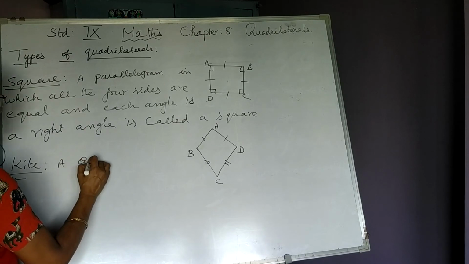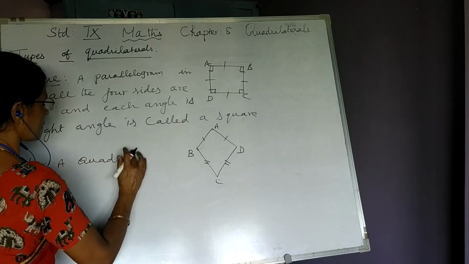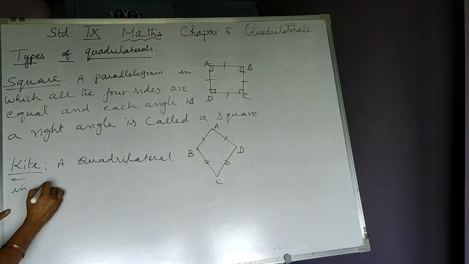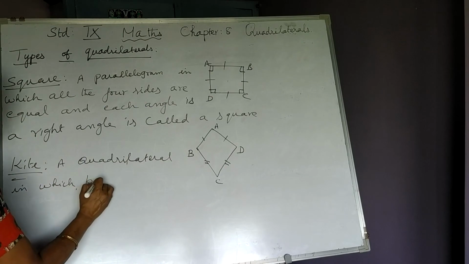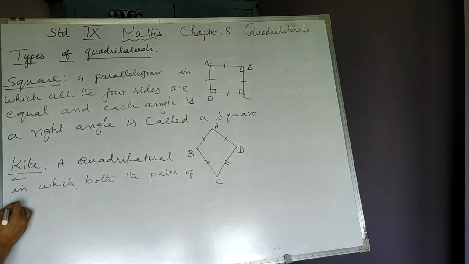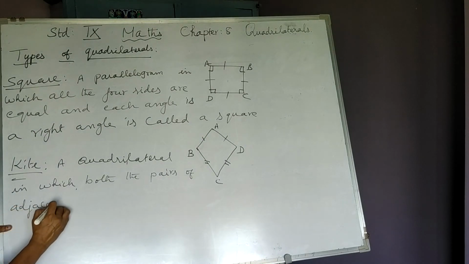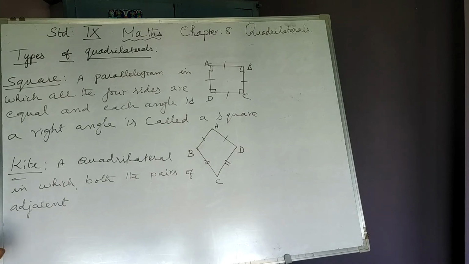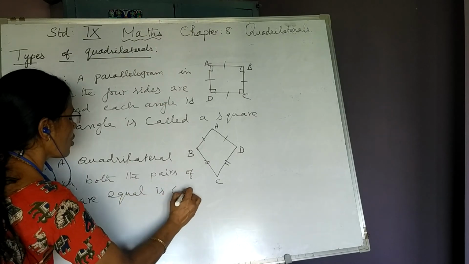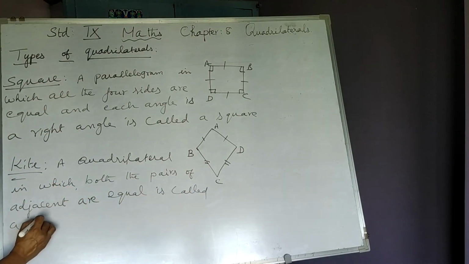So a quadrilateral in which both the pairs of adjacent sides are equal is called a kite.